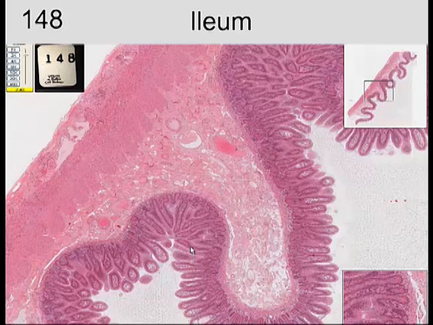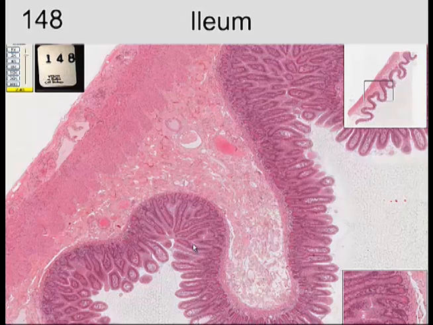This is one of our slides, 148, which is a human ileum, and you can see the connective tissue band in through there, as well as the intestinal absorptive cells lining the lumen. This epithelium lines viscera and cavities, so they line the gut. We're working in this area right here, which is where we see intestinal absorptive cells.